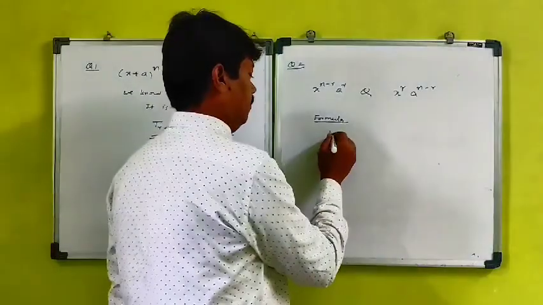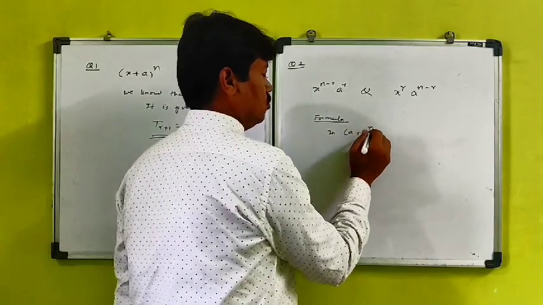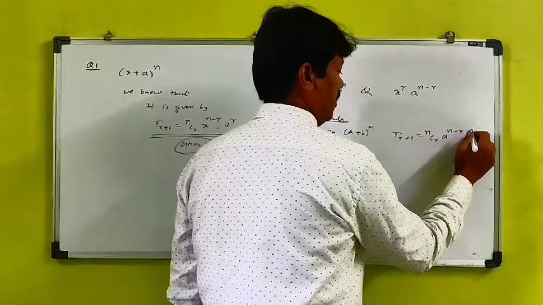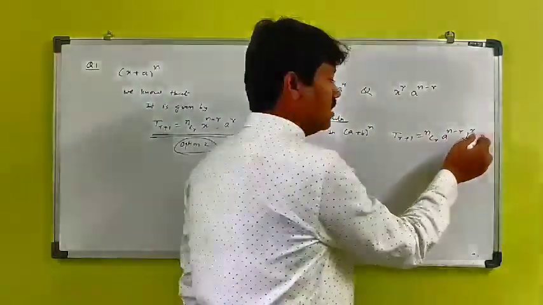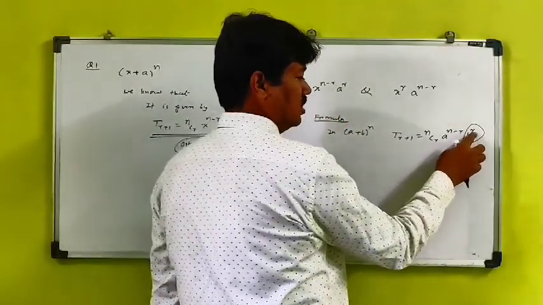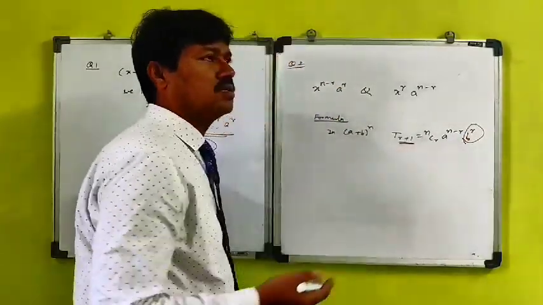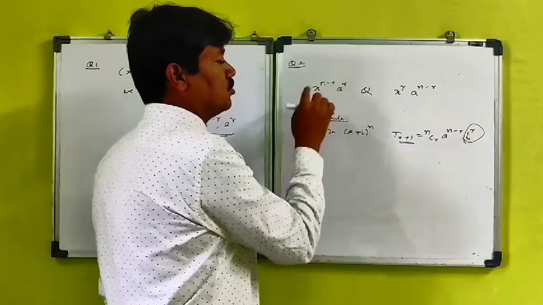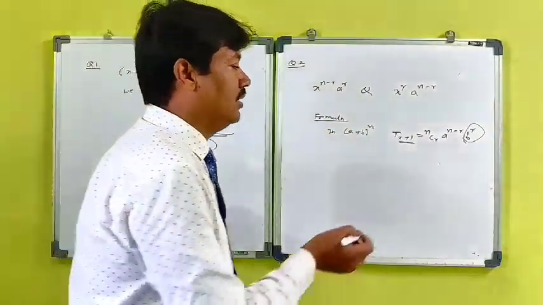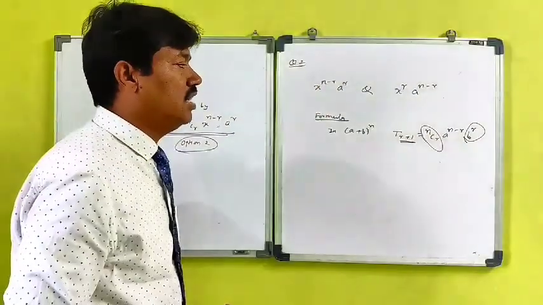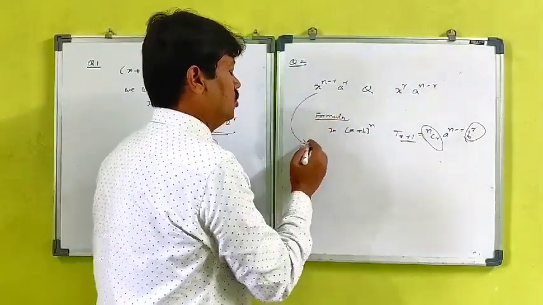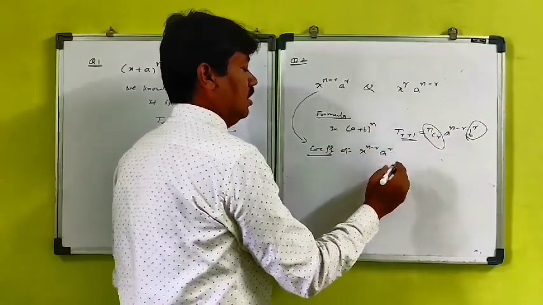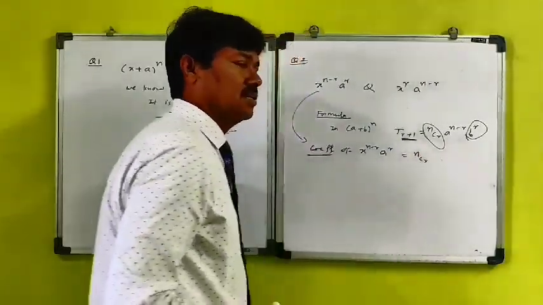The formula says that in a plus b raised to n, T r plus 1 is nCr, a raised to n minus r, b raised to r. So the power of the second term is your r, and the coefficient is nCr. So the coefficient of x raised to n minus r, a raised to r is nCr.